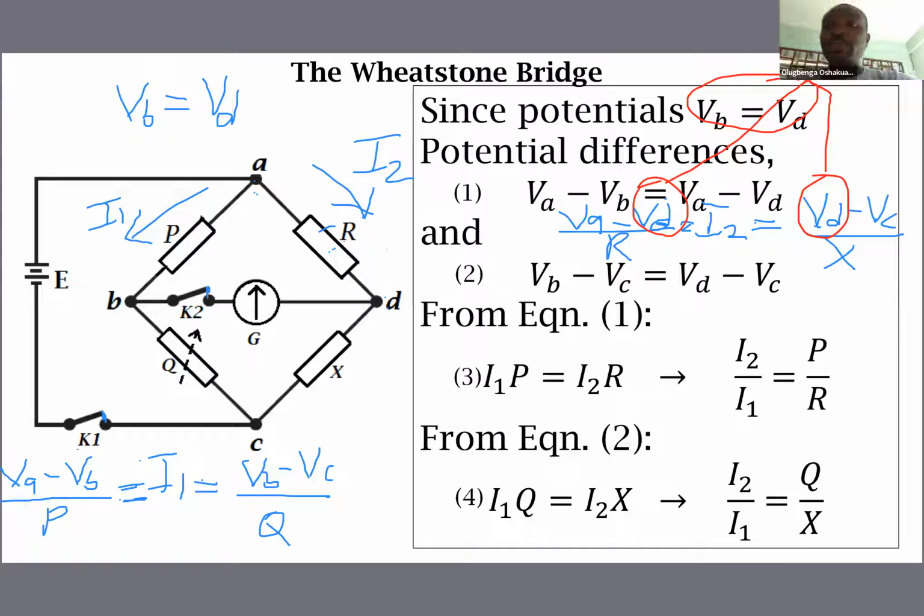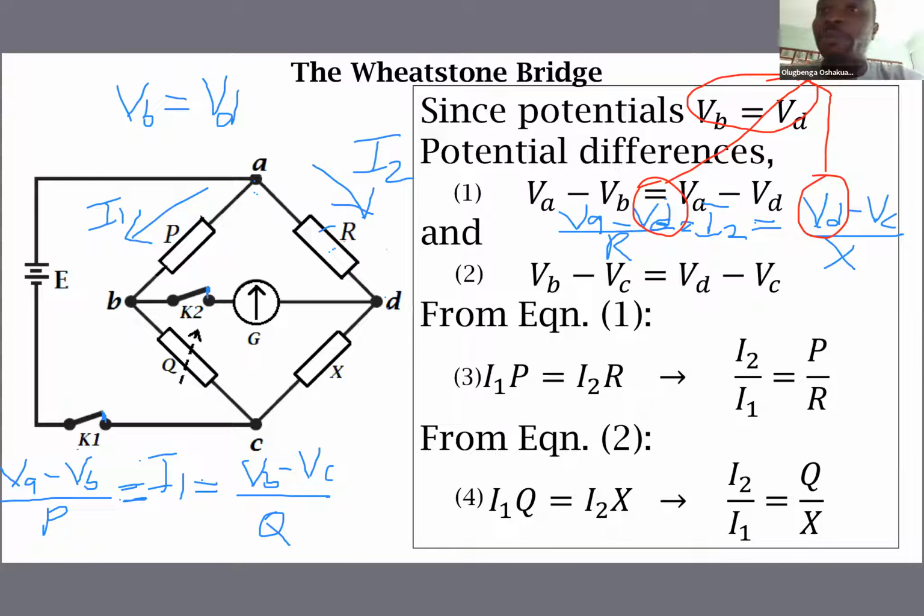So by doing that, we can have our I1. We can cross multiply this expression to obtain I1, the product of I1 and P. Okay, let me do it this way.